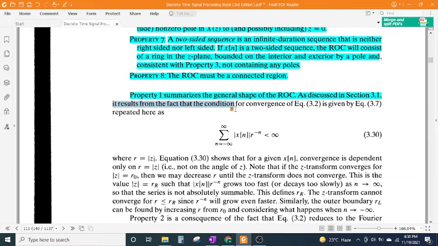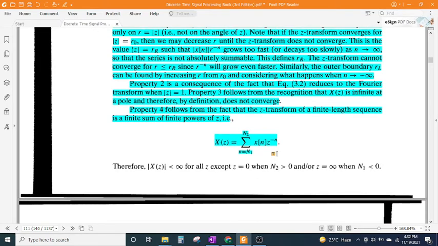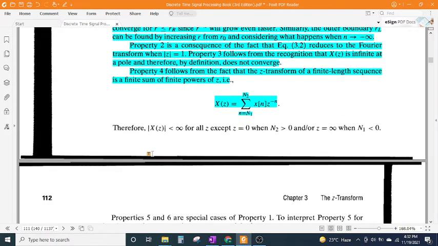Property 4 follows from the fact that the Z-transform of a finite length sequence is a finite sum of finite powers of z, i.e., X(z) equals the sum from n = N1 to N2 of x[n] z^(-n). Therefore, X(z) is finite for all z except z equals 0 when N2 > 0 and/or z equals infinity when N1 < 0.